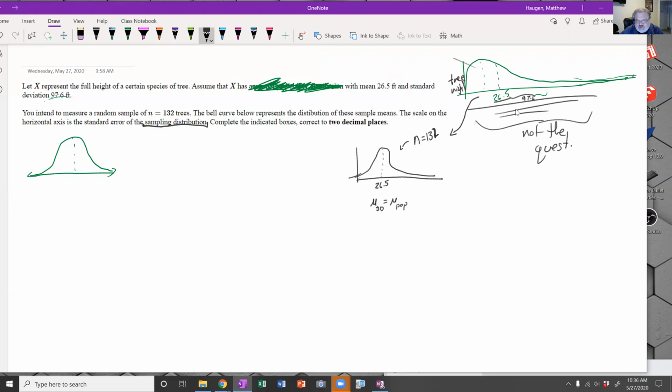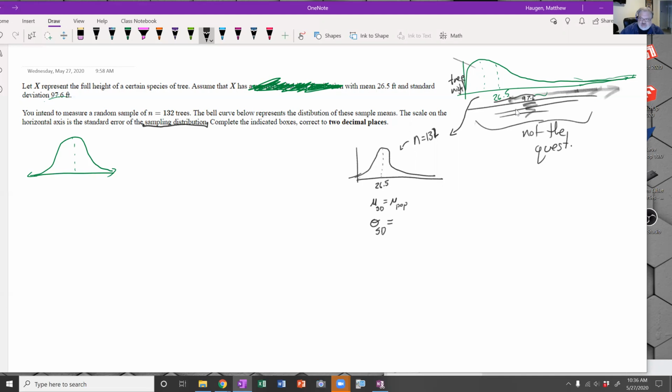This standard deviation is fairly wide because it's measuring all these different trees, the little trees and the big trees. But this is a distribution of averages. All of our averages should fall pretty tightly together. So the standard deviation of our sampling distribution is not equal to the 96, not equal to the standard deviation of the population.